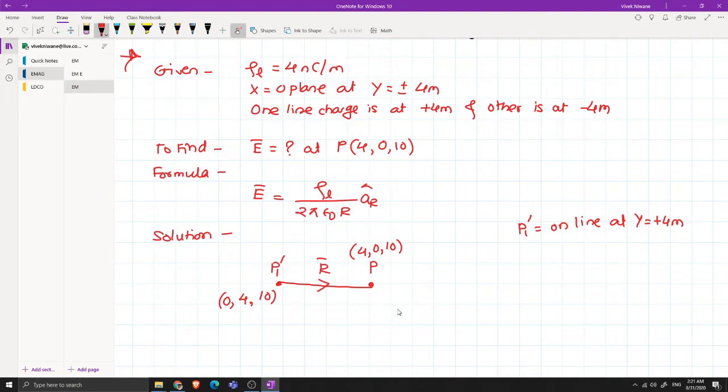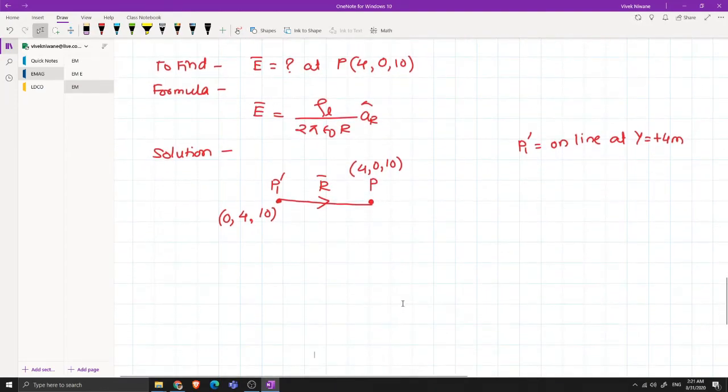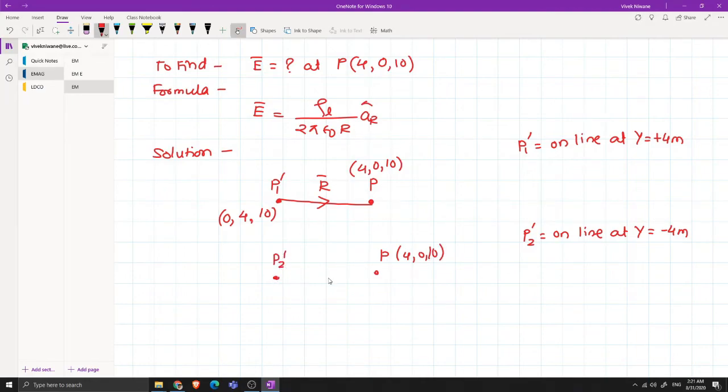Now let us think about the second line charge. Here let us assume that P2 dash is a point on the line present at y is equal to minus 4 meter. Once again point P is at (4, 0, 10) and we will have P2 dash, a point on the other line charge.